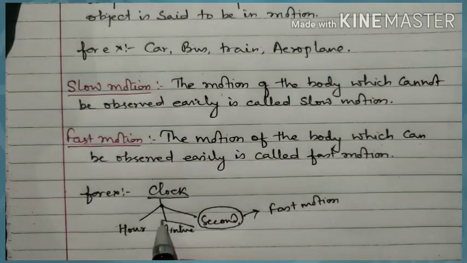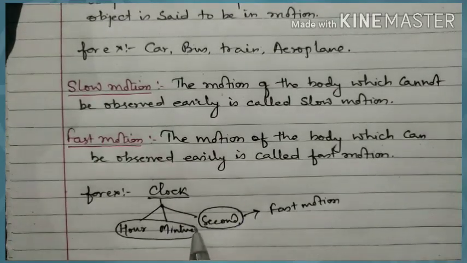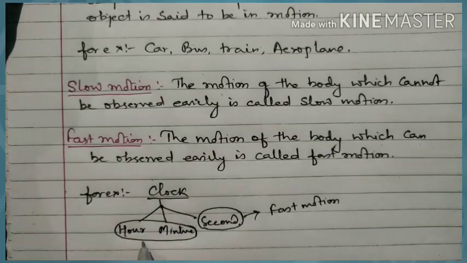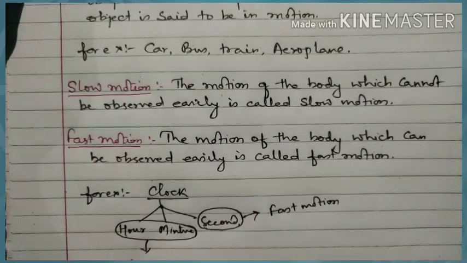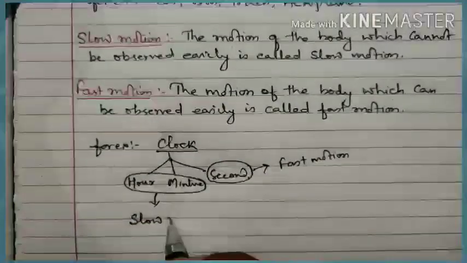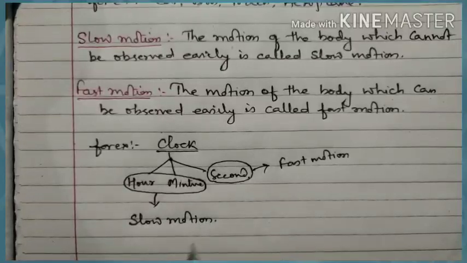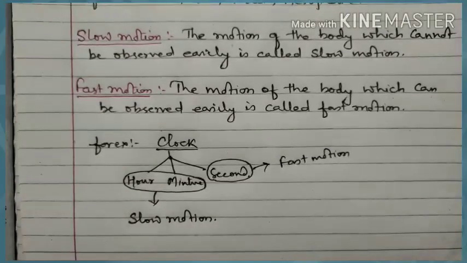The hour hand and minute hand we do not see moving, but they change their position and we cannot observe the movement. That's why it is called slow motion. I hope that up to here it is clear.